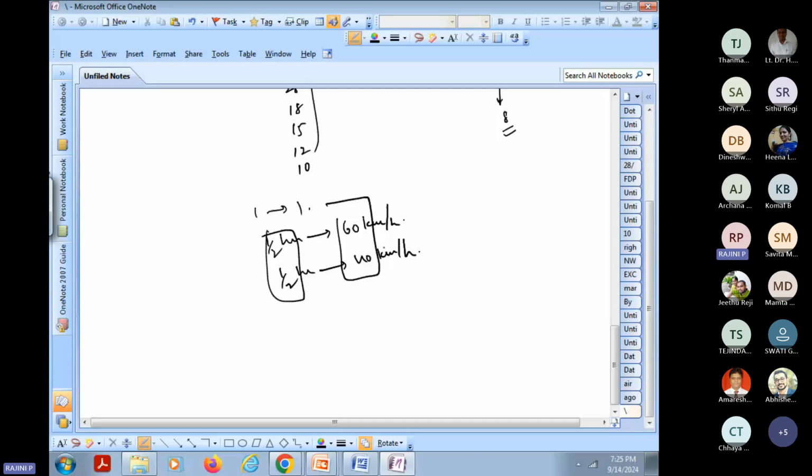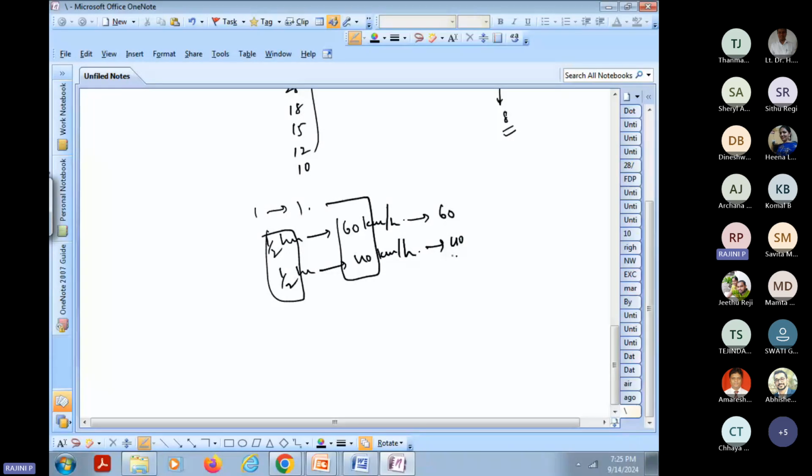When I'm traveling a fixed distance at different speeds, in that case we go for the harmonic mean. So the first 60 kilometers I traveled at 60 kilometers per hour, and the next 60 kilometers I traveled at 40 kilometers per hour.